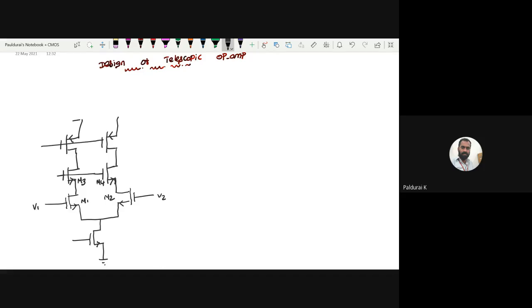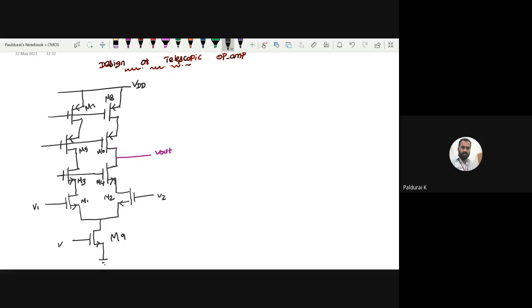Then the load devices are PMOS current sources, and the cascode for these load devices is once again PMOS. Here we are measuring the output Vout. So I can call these M5, M6, M7, M8, and this is M9.